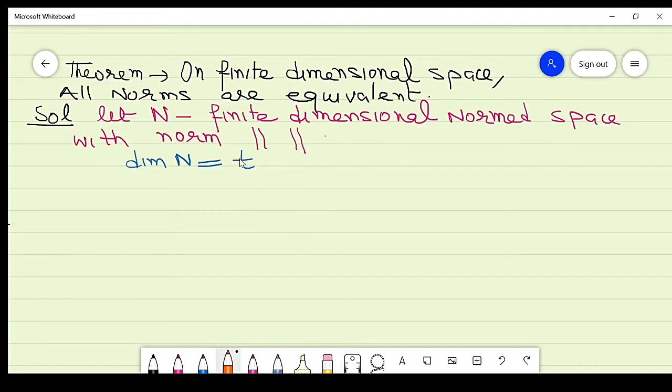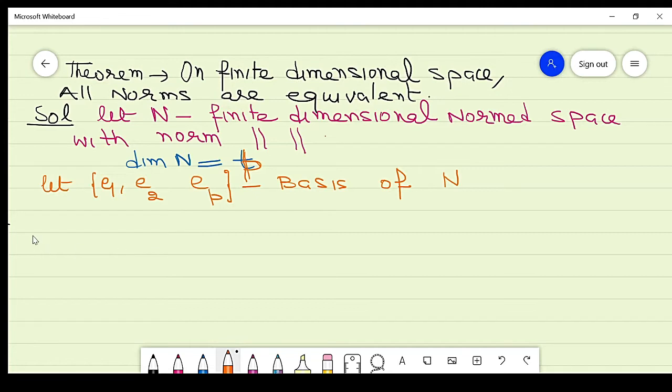Suppose the dimension of N is p. If the dimension of N is p, then e1, e2, and so on up to ep is a basis of the normed linear space N, right?